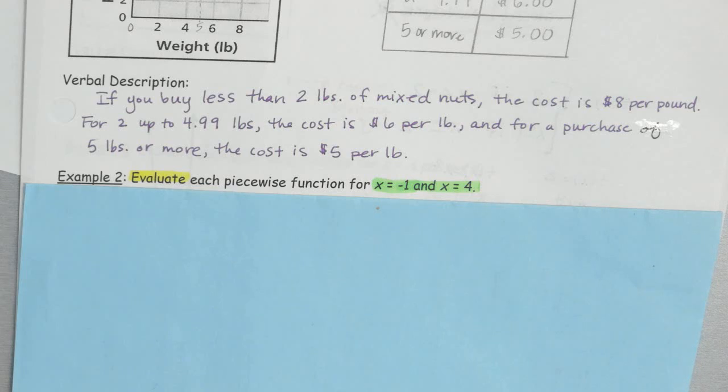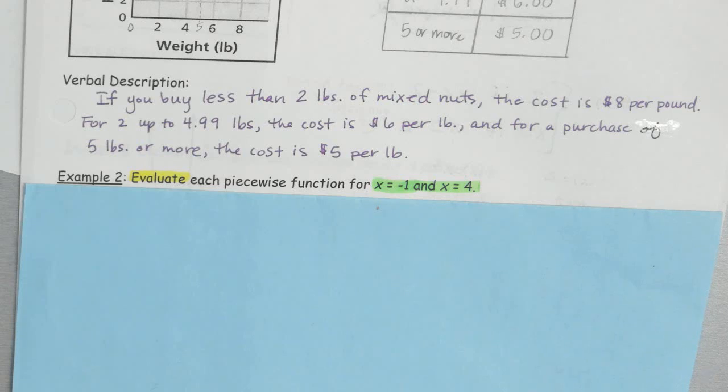Okay, so for the next one, we're going to evaluate for 2 different values. So it says for x equals -1 and x equals 4. What you have to decide is what equation to use within the piecewise function. So sometimes the 2 of them fit into one equation.